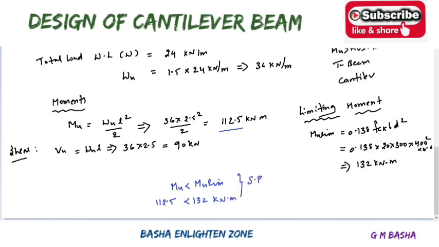You can design this section as a singly reinforced section, which is an under-reinforced section. If it were greater, you can design a doubly reinforced section. Already we solved that procedure in the doubly reinforced section. Same like that, you can provide tension reinforcement and compression reinforcement, and then check shear and deflection. But here your section will be singly reinforced.